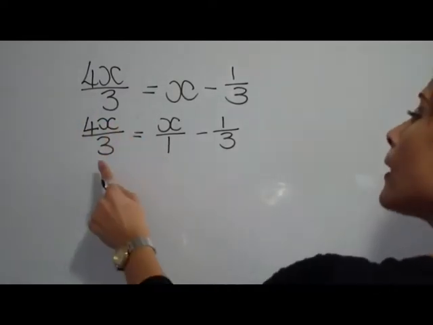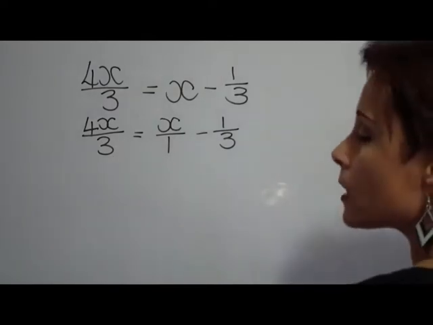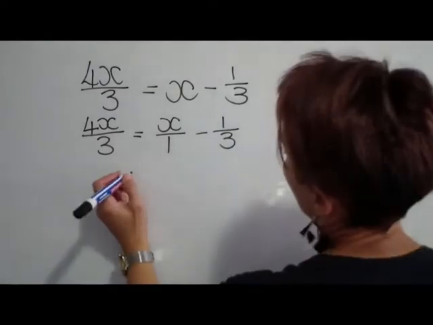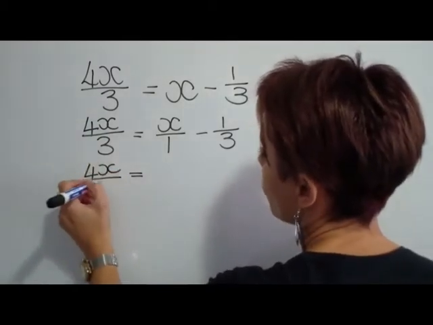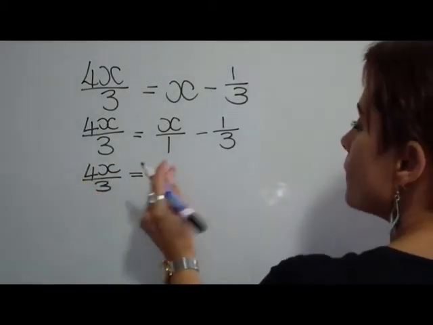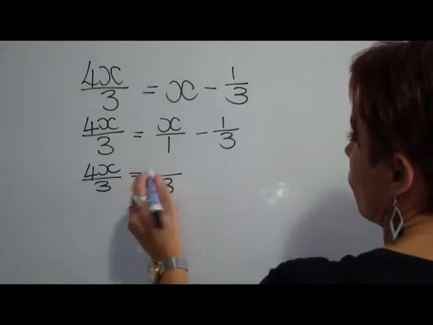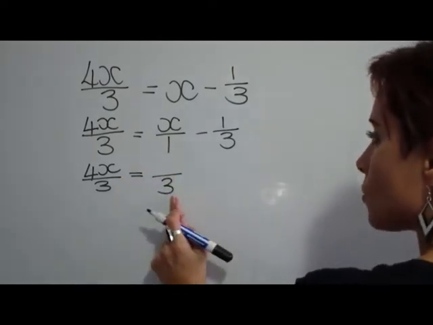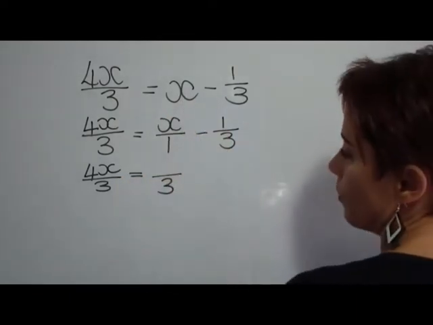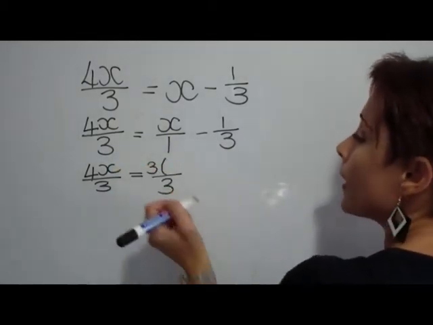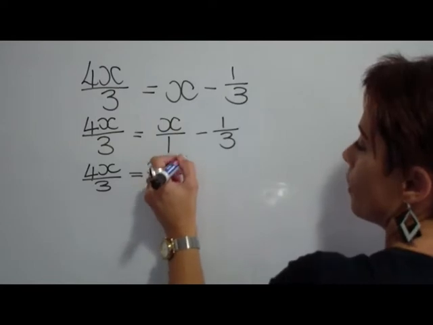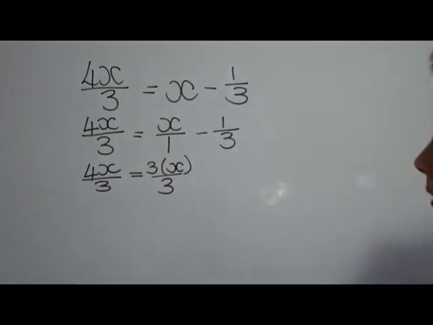So, weet wat? Ek gaan elkeen van hierdie noemers 3 maak. Okay, so this one is already 4x over 3, it stays. Now, 1 times 3 is 3, so x times 3. So we put a 3, whatever I need to times it by, and then in a bracket, whatever the numerator is.